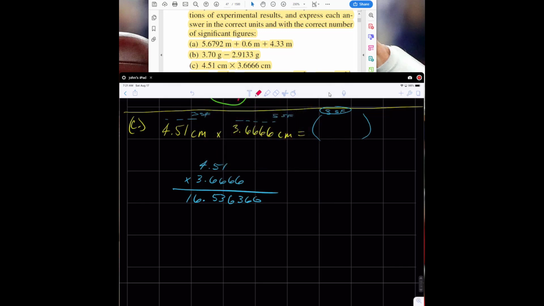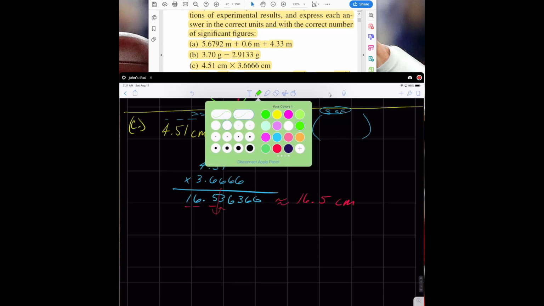And since we're going to keep 3 significant figures, we are counting from the left. 1, 2, 3. We have a 5. And we look at the neighbor, which is a 3, which is too small of a number to round up. So we're going to keep 16.5. And the units on this one are centimeters.